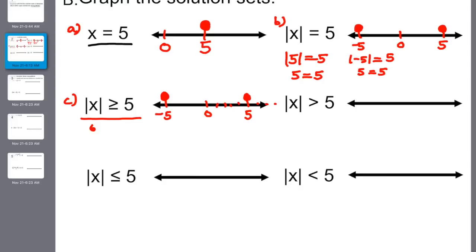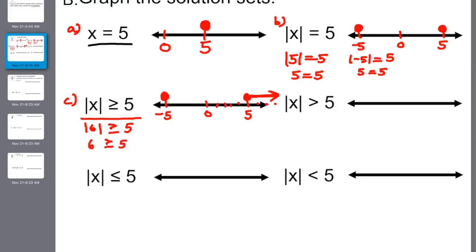If we put 6 into our absolute value brackets, is the absolute value of 6 greater than or equal to 5? Well, the absolute value of 6 is 6, and yes, 6 is greater than or equal to 5. So we know that all the values outside here are going to make this true.